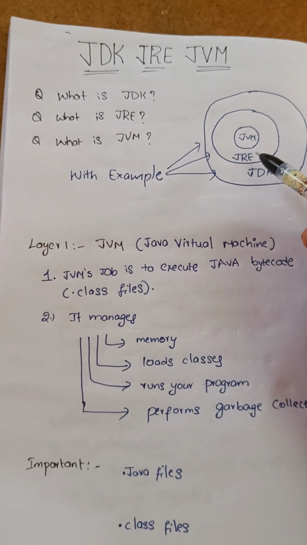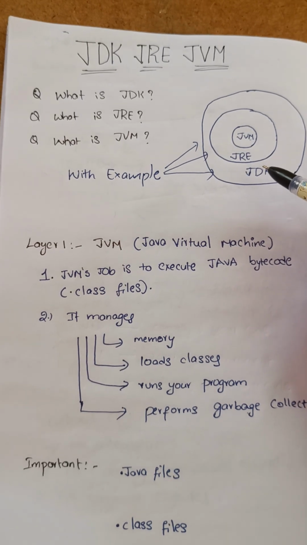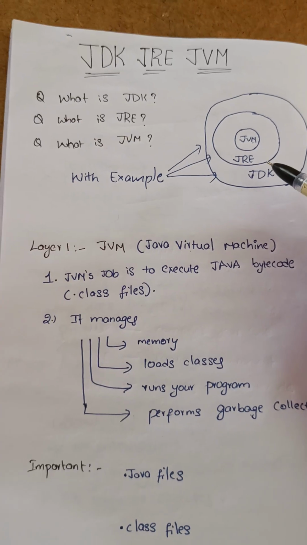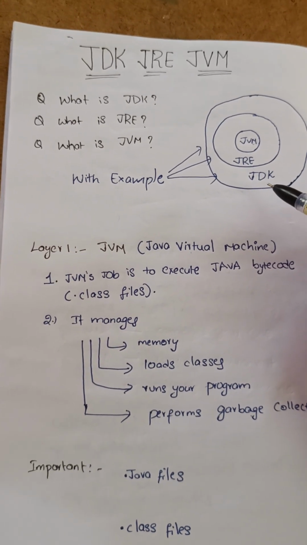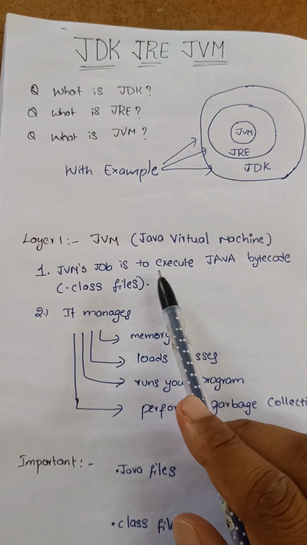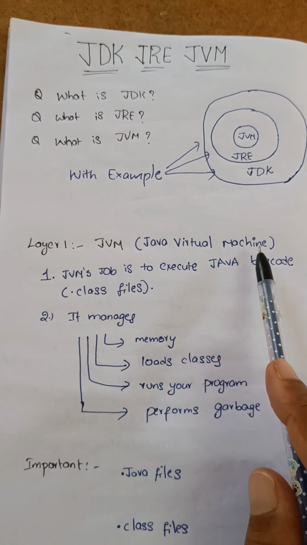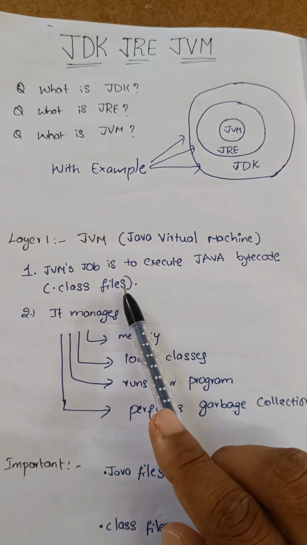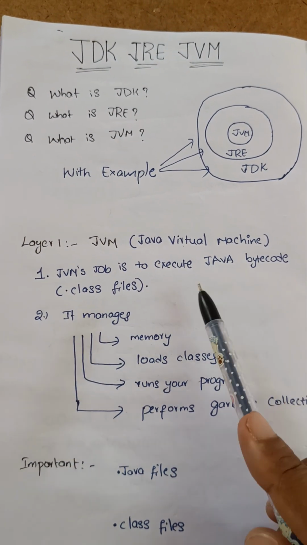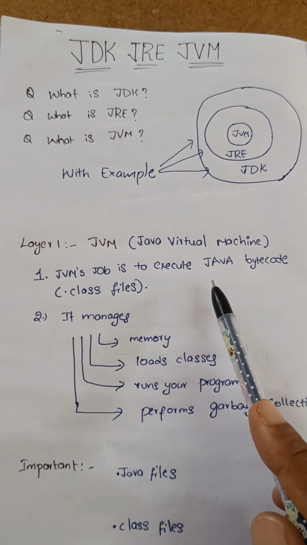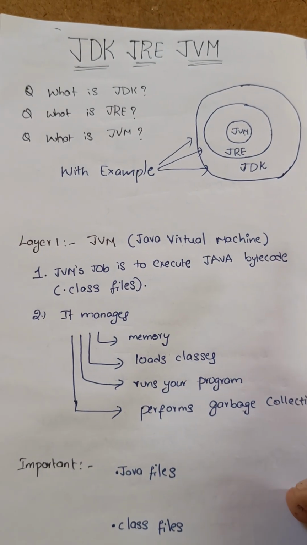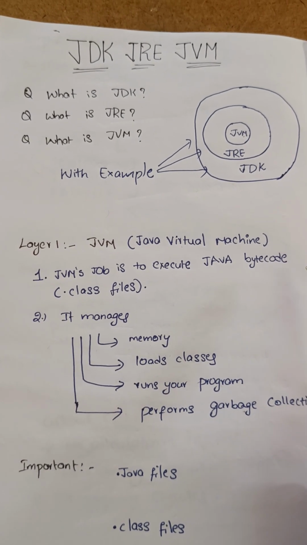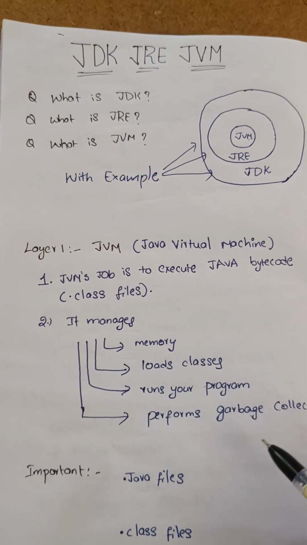So if we write a Java program, it needs three components, that is JDK, JRE and JVM. I have divided these three components into three layers. First is the JVM, Java Virtual Machine. JVM's job is to execute the Java bytecode, that is .class files. Whenever a programmer writes a .java file, it will be converted into .class files using the javac compiler.